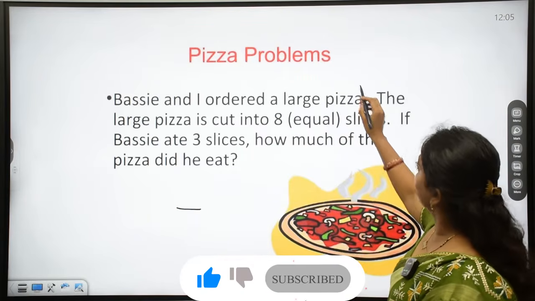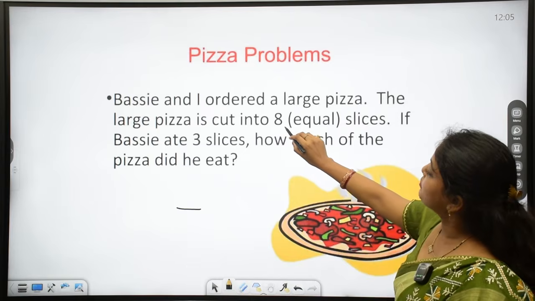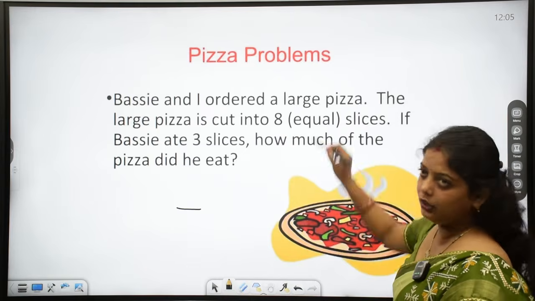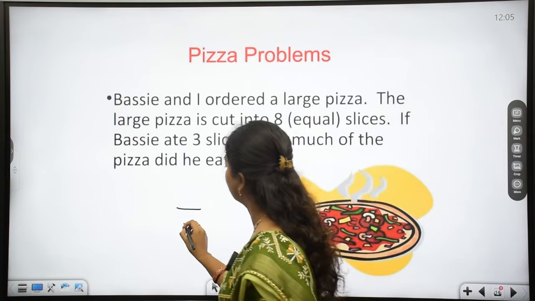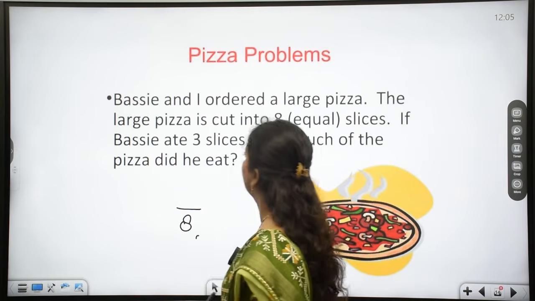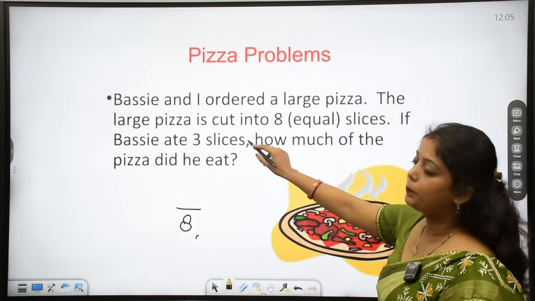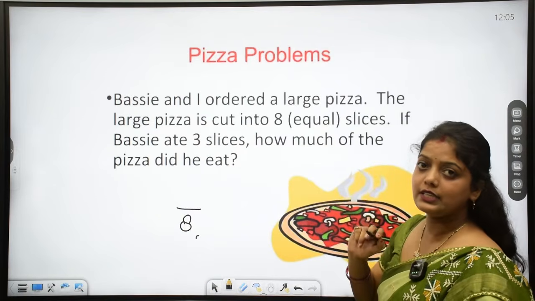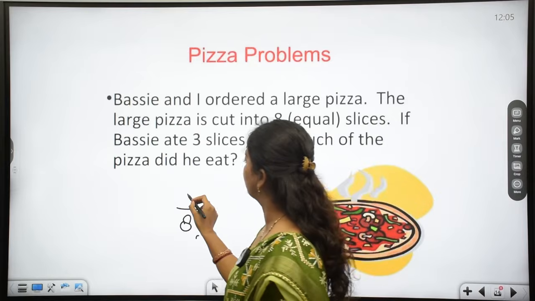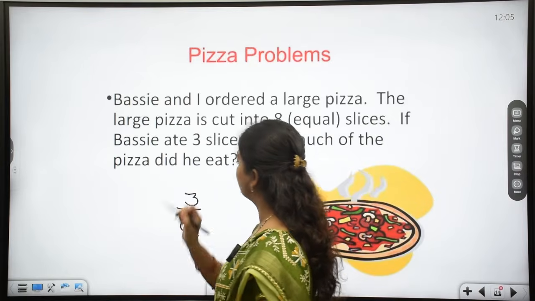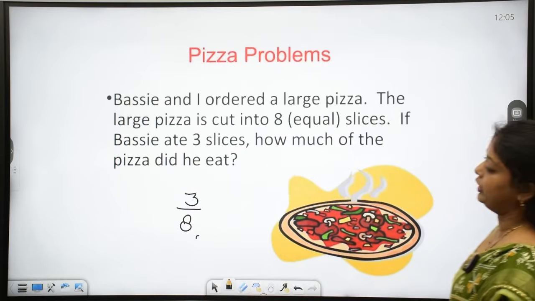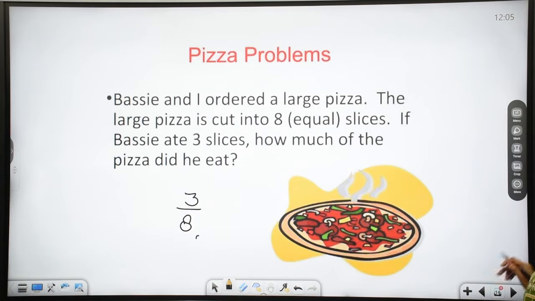You can see here, the large pizza is divided into 8 equal parts, so the denominator is 8, and Bessie has eaten 3 slices. So in the numerator we take 3 and the fraction will become 3 upon 8.